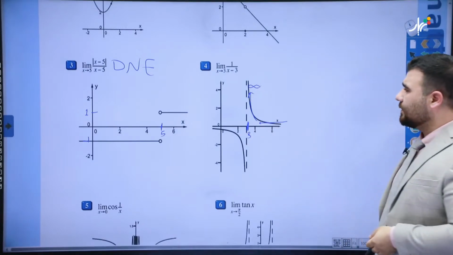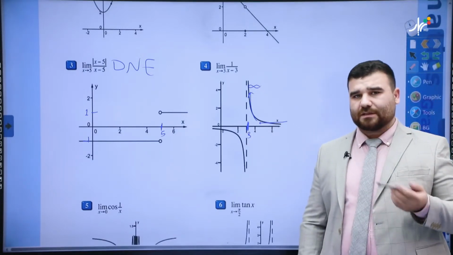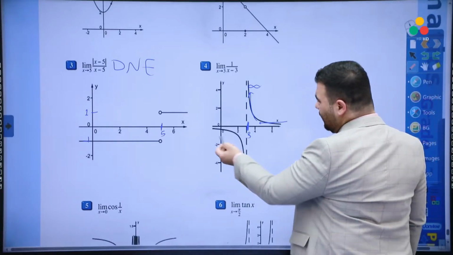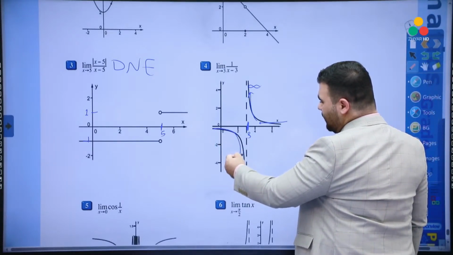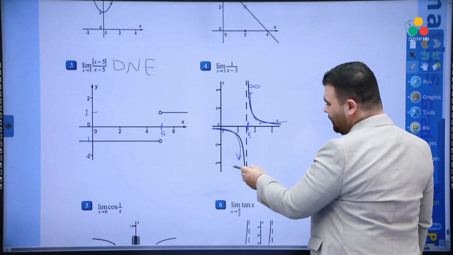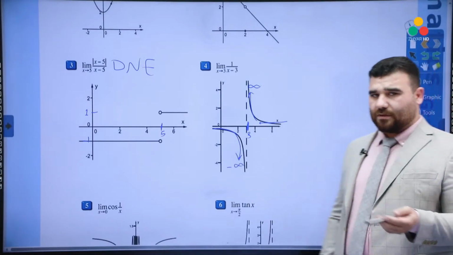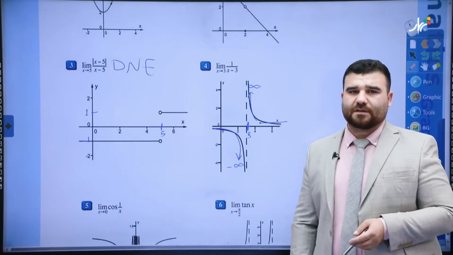It goes up, doesn't stop anywhere, that's considered positive infinity. If we approach 3 on the left side, the graph is going down, and this one is considered negative infinity. Now the left limit and the right limit are not equal. This means the limit does not exist.